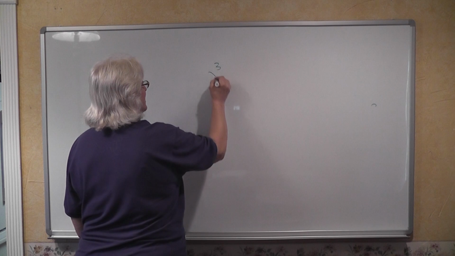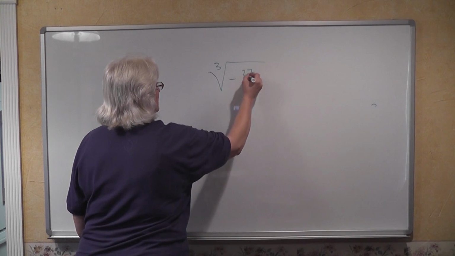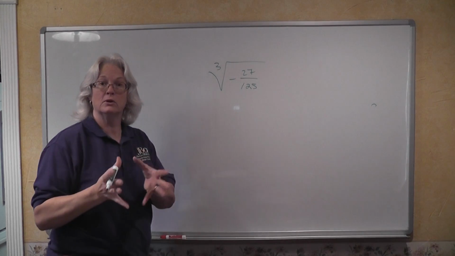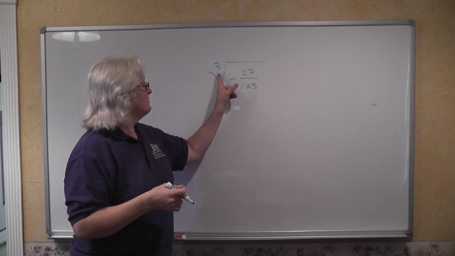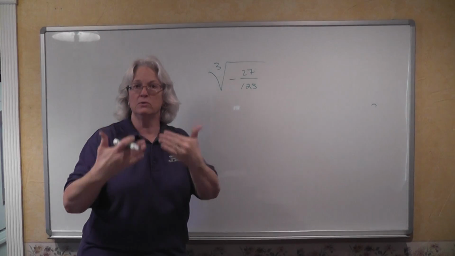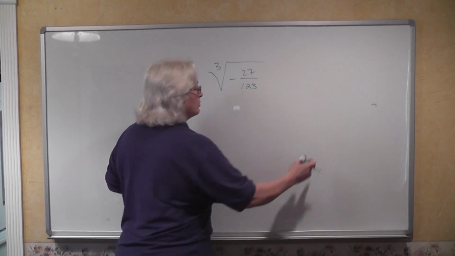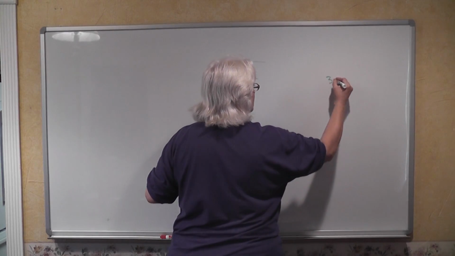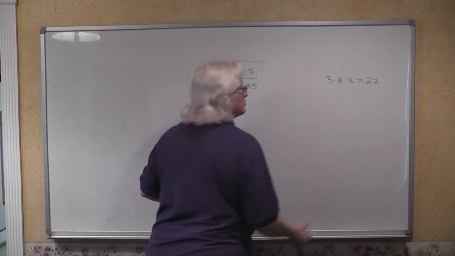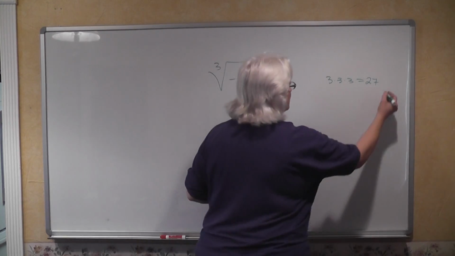The cube root of negative 27 over 125. You're looking for one of the number's 3 equal factors. This is where, as you use these, you'll say, oh, I remember how I get 27. If I say 3 times 3 times 3, that gives me 27. 3 times 3 is 9, times 3 is 27.